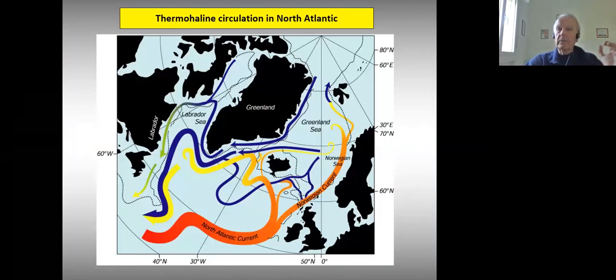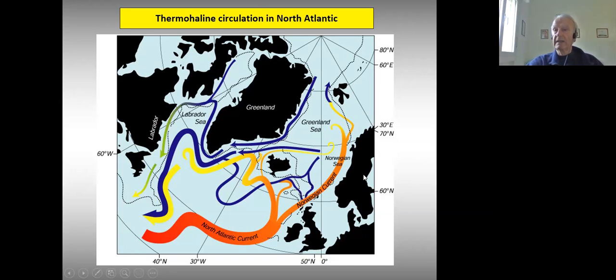Here we zoom our global conveyor belt only to this area of the North Atlantic, and this is the North Atlantic current, which is really the current coming from the Gulf Stream and becoming the Norwegian current, and then you can see that it brings the relatively warm water to both England and Norway.